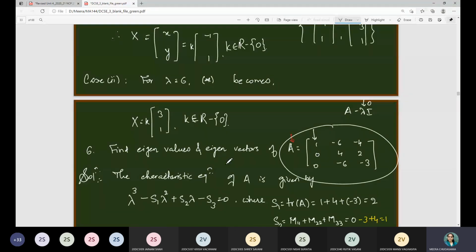So this is the beautiful property of the symmetric matrix: whenever you take the eigenvectors of a symmetric matrix, they will always be mutually perpendicular to each other, right?